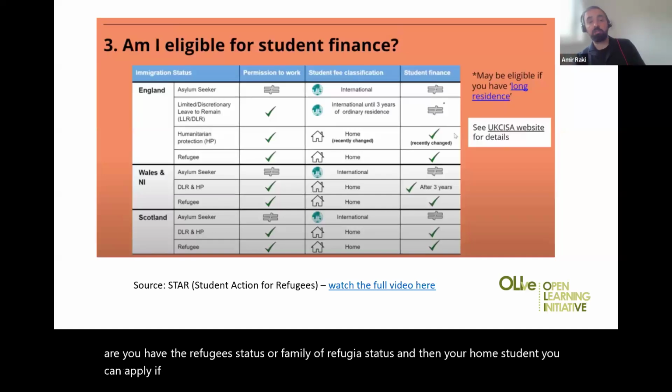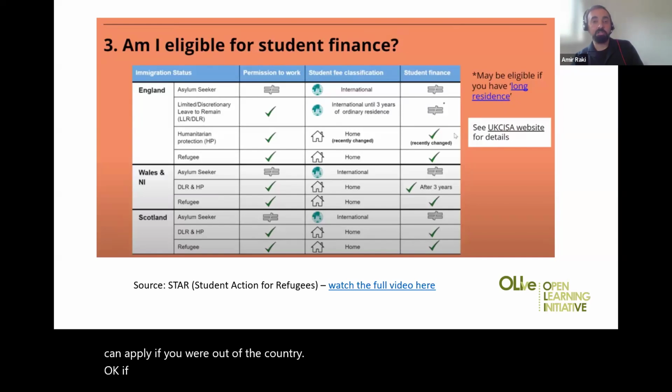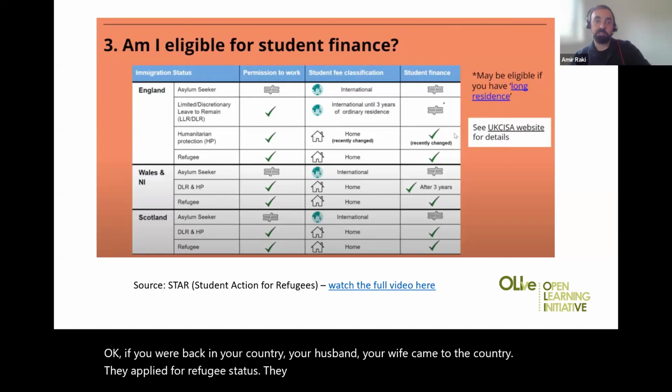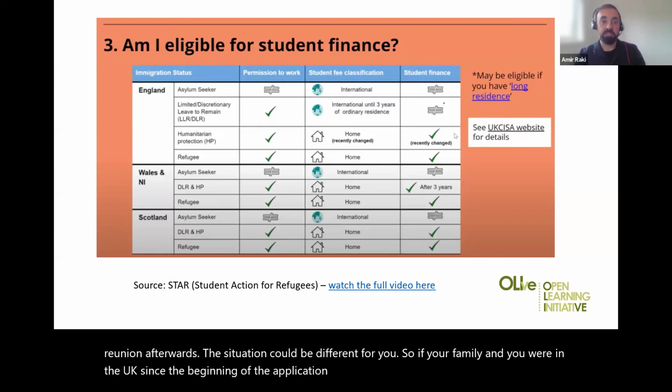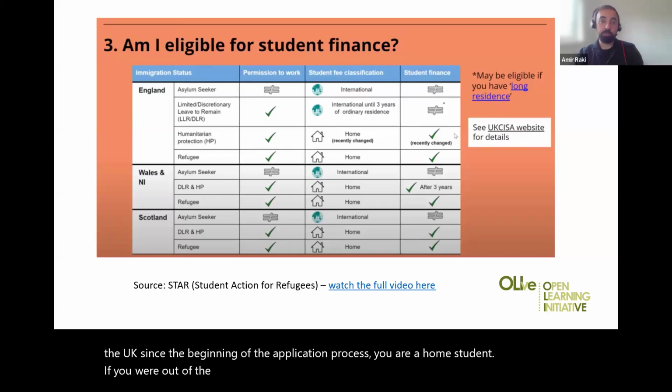If you were out of the country, if you were back in your country, your husband or your wife came to the country, they applied for refugee status, they got their refugee status, and you came over with family reunion afterwards, the situation could be different for you. So if your family and you were in the UK since the beginning of the application process, you are a home student. If you were out of the country and you came later after having refugee status through the family reunion, your situation could be different.